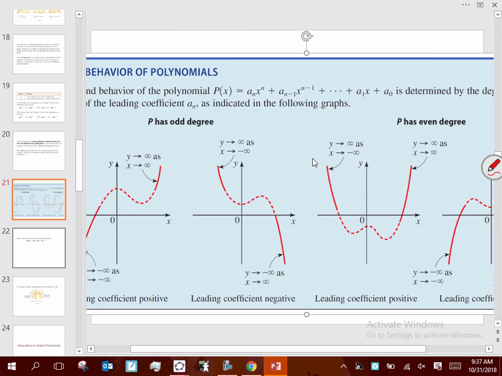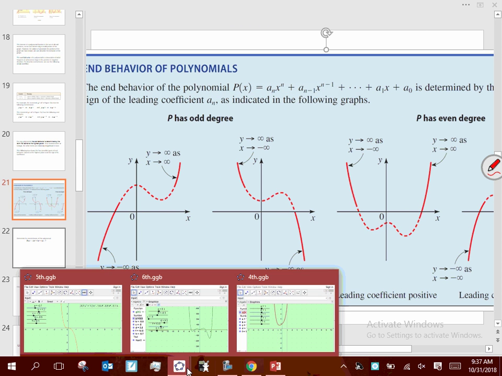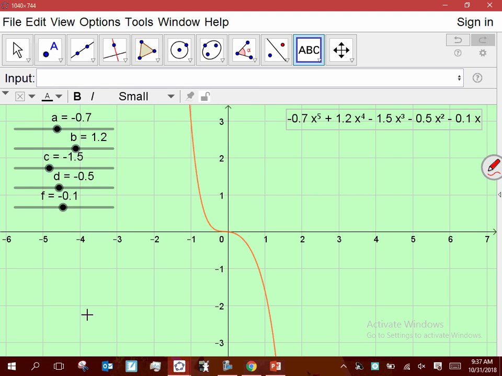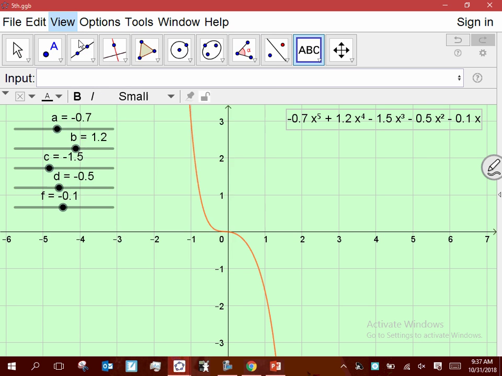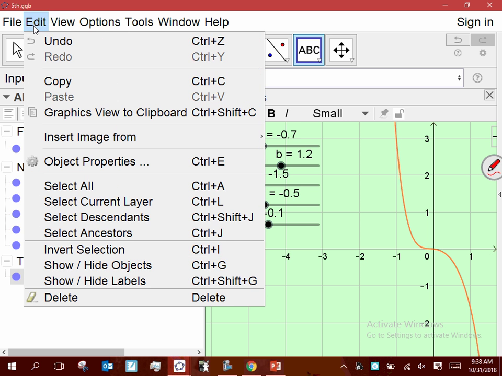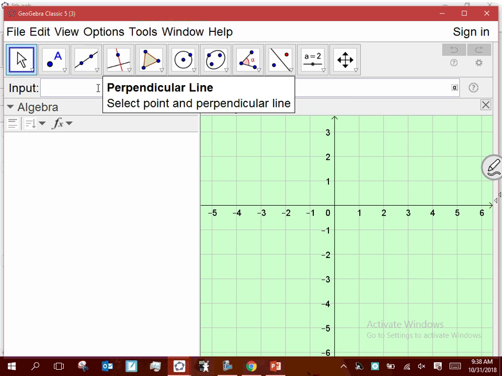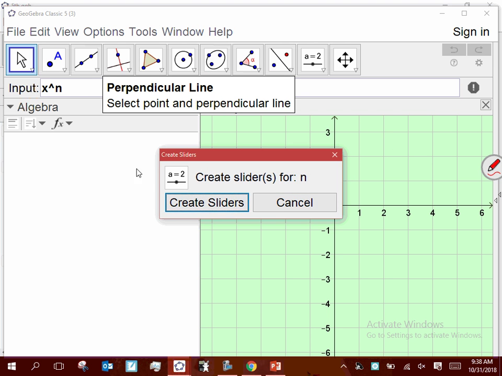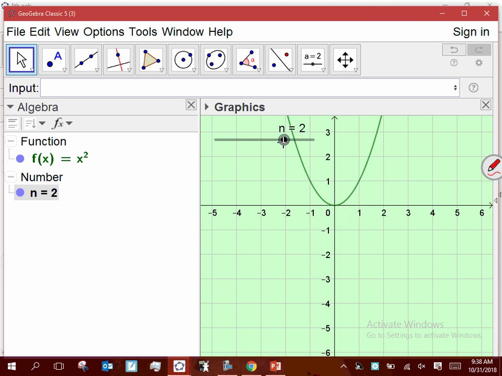I don't know if I showed you guys yesterday the behavior of even and odd degree functions. We've got time, so I'll add x to the nth power and show you when n is positive.